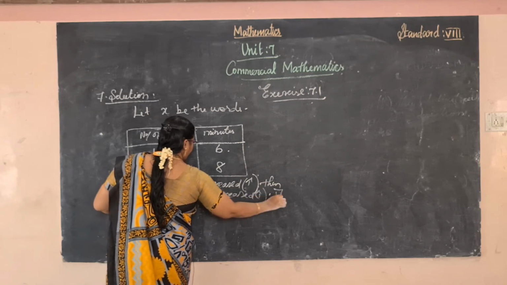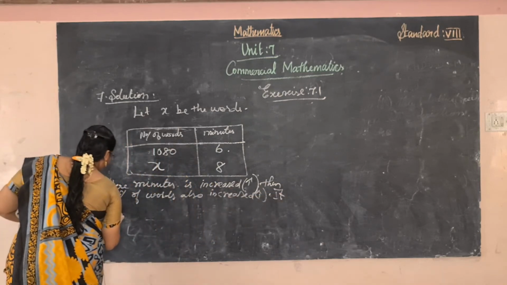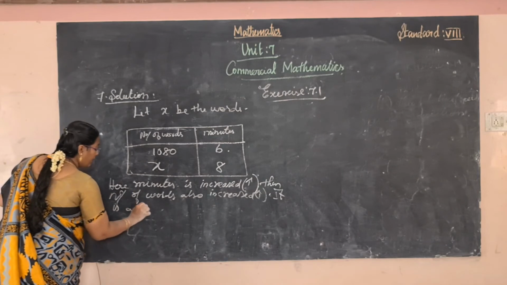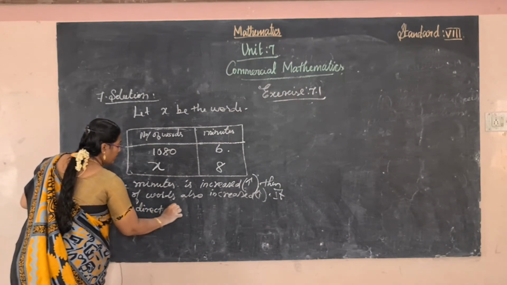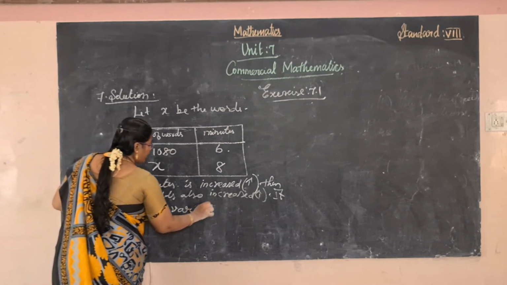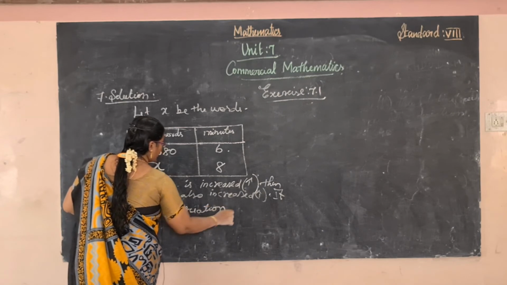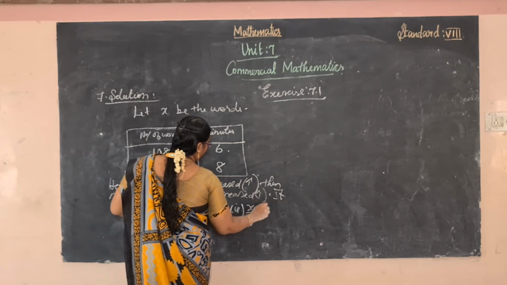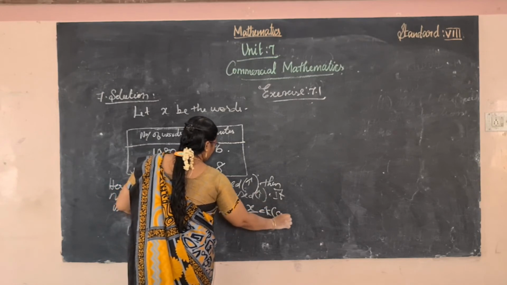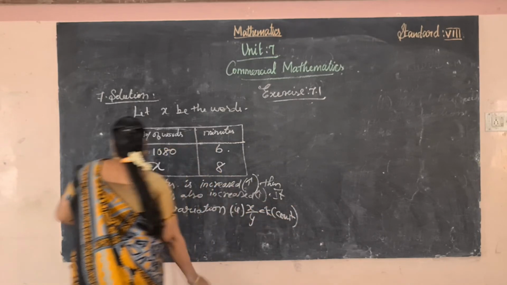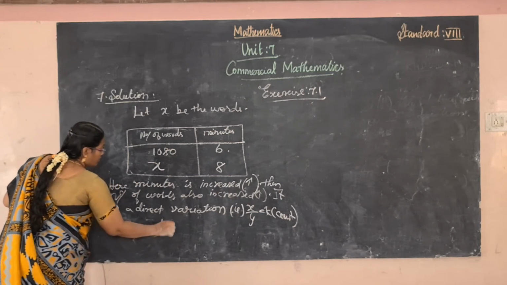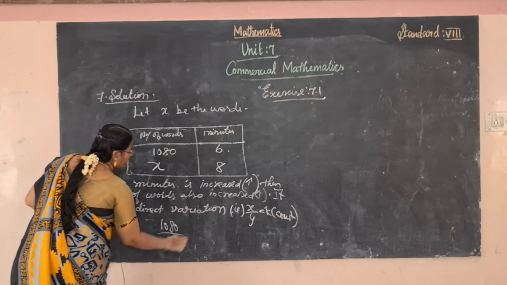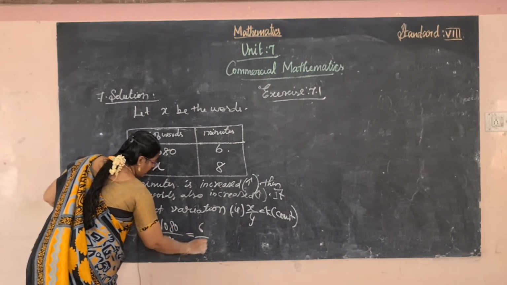It is a direct variation. That is x by y is equal to k constant. Right. So 1080 by x equal to 6 by 8.